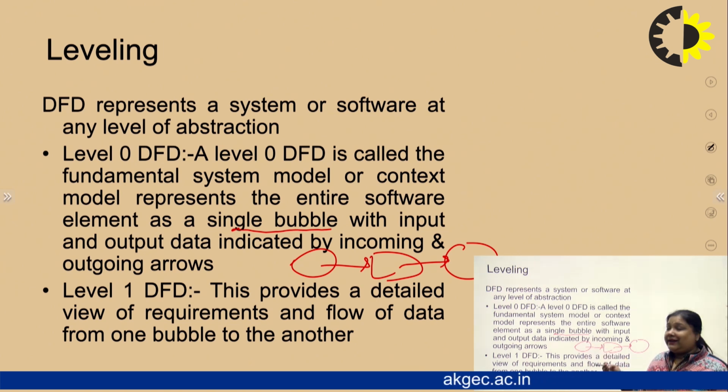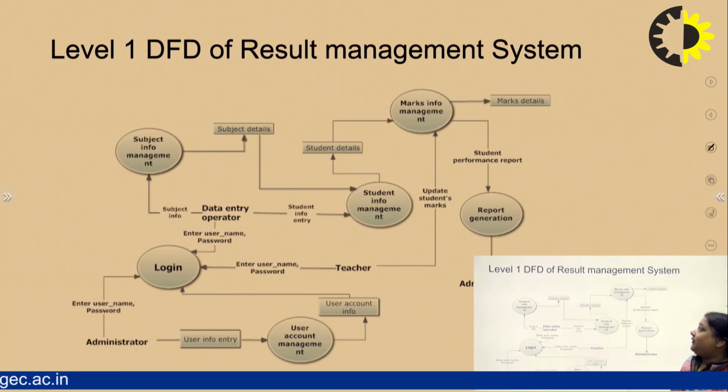Now level 1 DFD provides a detailed view of requirements and flow of data from one bubble to another. It is a detailed version of the problem statement or the requirement. This is the level 1 DFD of a result management system.